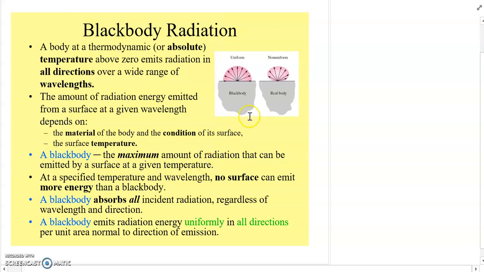Back in chapter 1, we said for a black body the emissivity, small e, is equal to 1. It emits energy uniformly in all directions per unit area normal to the direction of the emission. So your energy is uniform, unlike a real body where the energy is non-uniform.